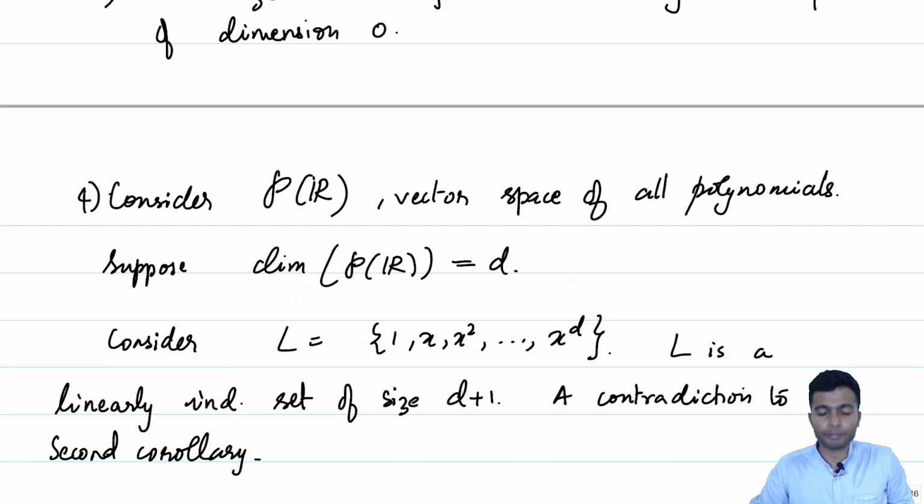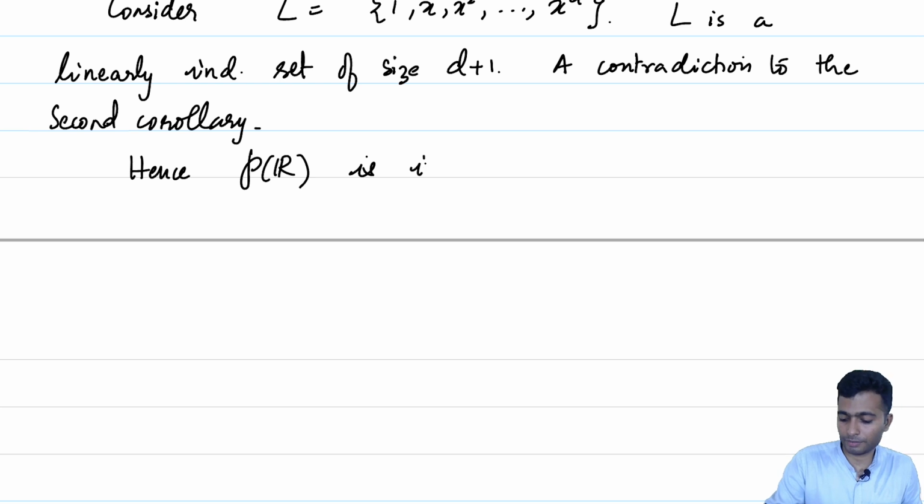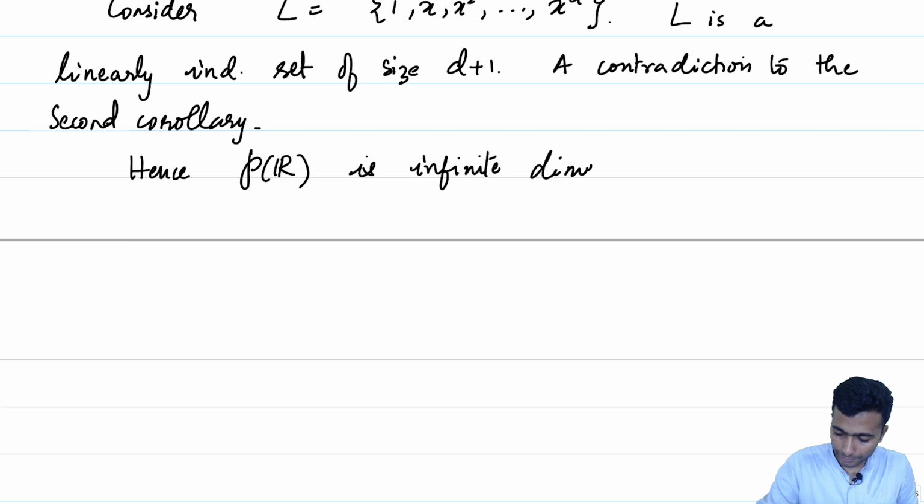Therefore, P of R cannot be finite dimensional. Hence P of R is infinite dimensional. Okay.